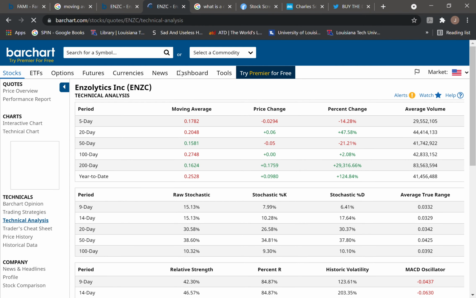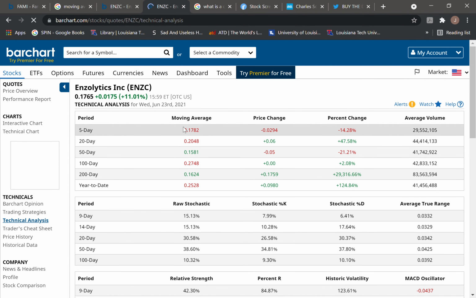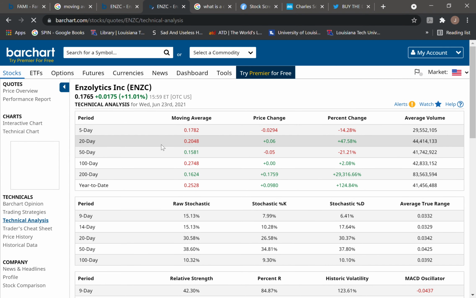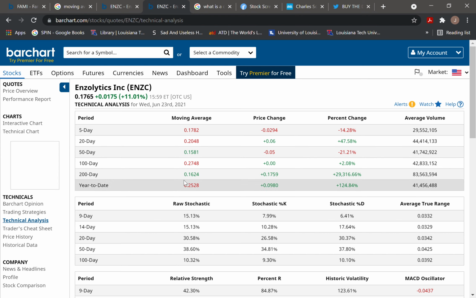And so I'm waiting on another page to open. Here we go. So these are all the moving averages for ENZC. You've got the 5-day, the 20-day, the 50-day, the 100-day, and the 200-day. And you can see right here that the 50-day is lower than the 200-day, right? What that means is the 50 went under the 200, and people call that a death cross.